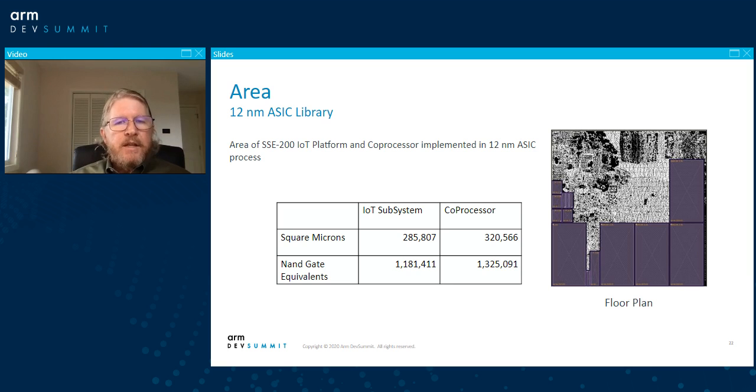In terms of NAND gate equivalents, it's about 1.1 million for the subsystem, and adding about 143,000 NAND gate equivalents to the design for adding the coprocessor. For anyone interested, this is the floor plan of the complete IoT subsystem, the Corstone platform, and the coprocessor that we added to it.